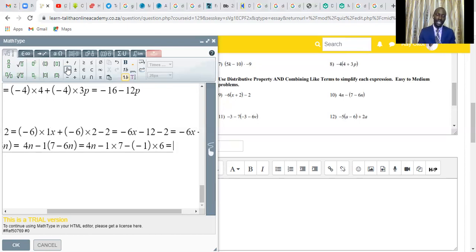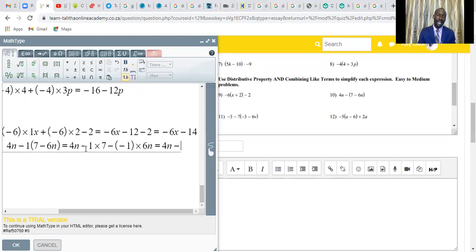This one can then later be simplified. But notice that the 6 is having n attached to it. And now because of that, we also have to include the n in our calculation. And so here we have 4n. We still keep it with us. This is what? 4n. Then now we have this 1 and 7, but there is a minus before. So we put the minus.